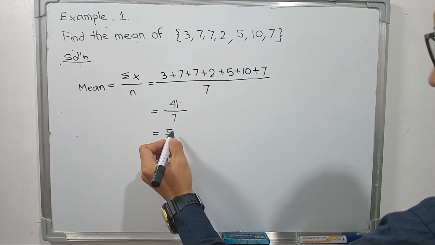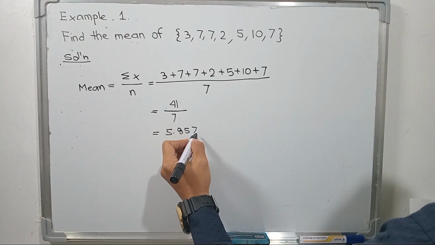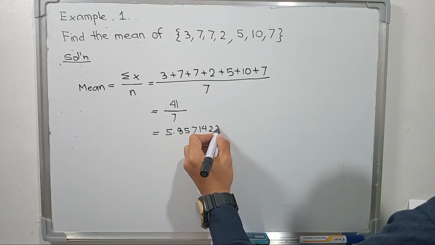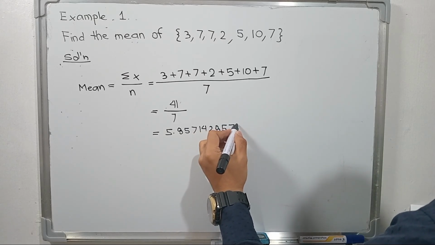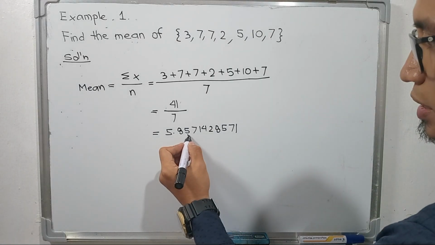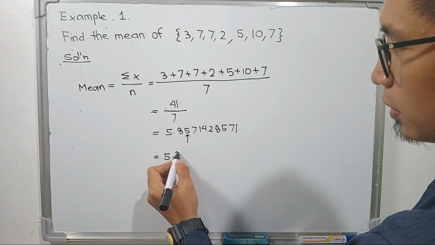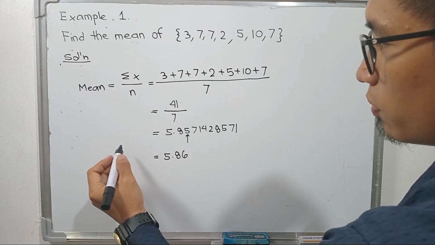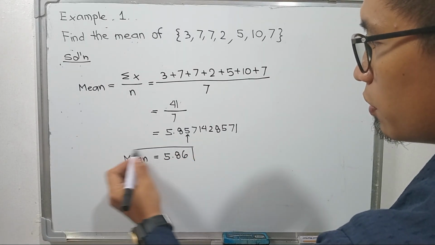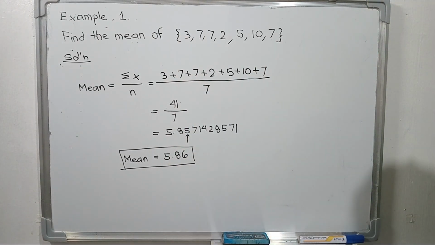It's 5.857142857, and when you round this to 2 decimal places, you get the answer 5.86. So the mean for this dataset is 5.86.